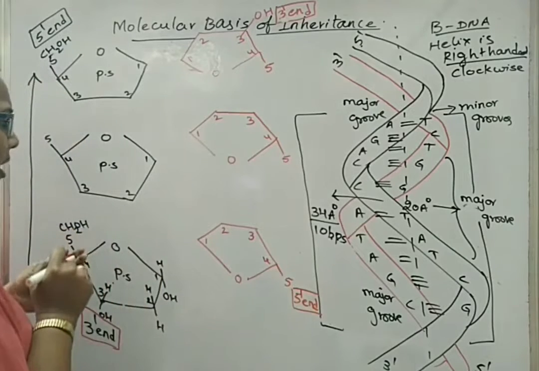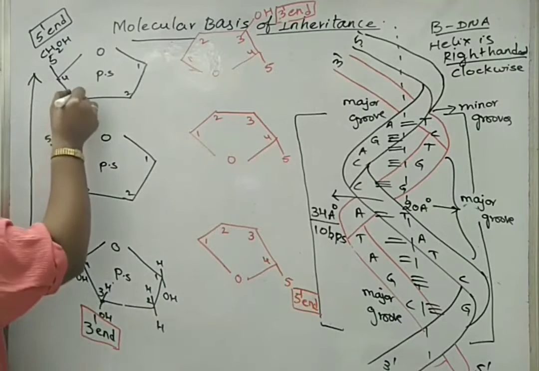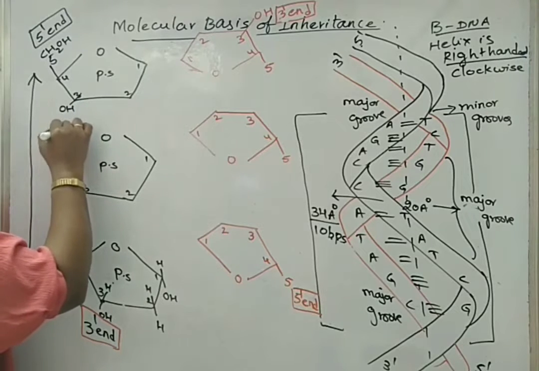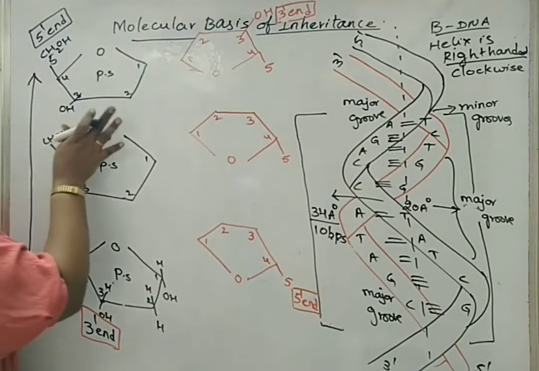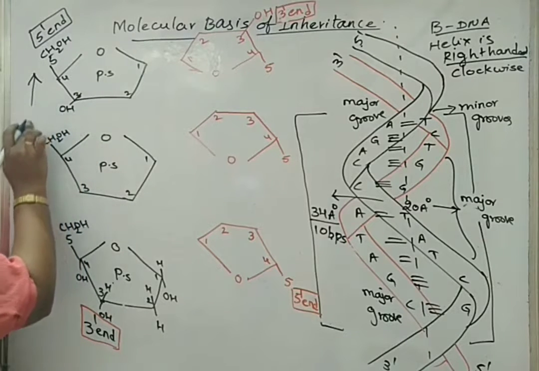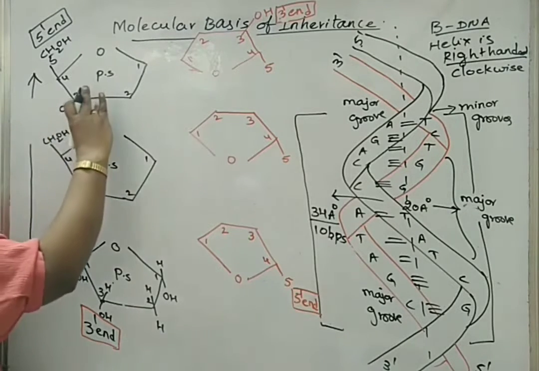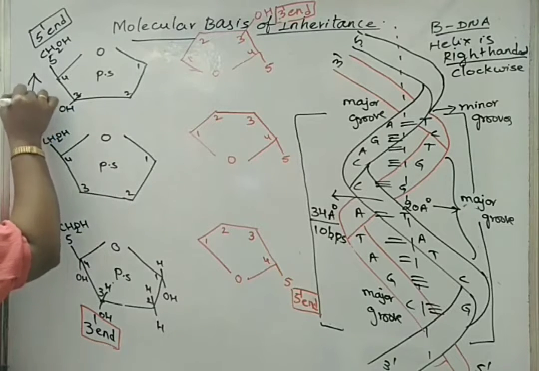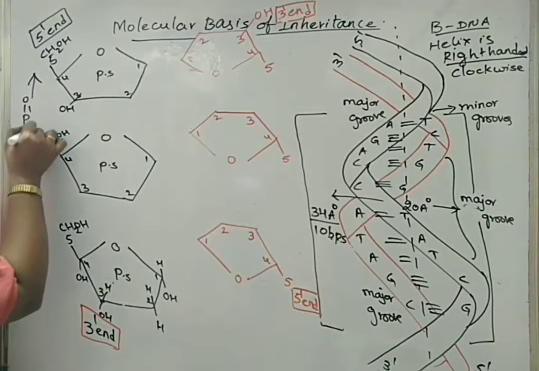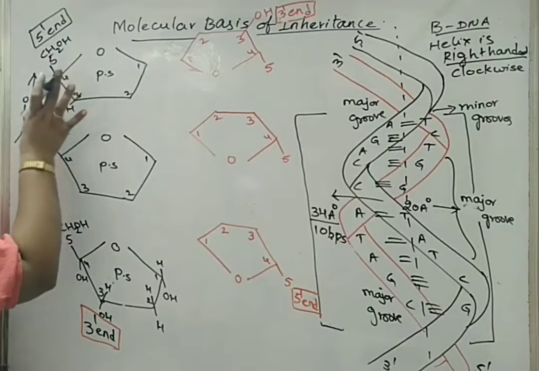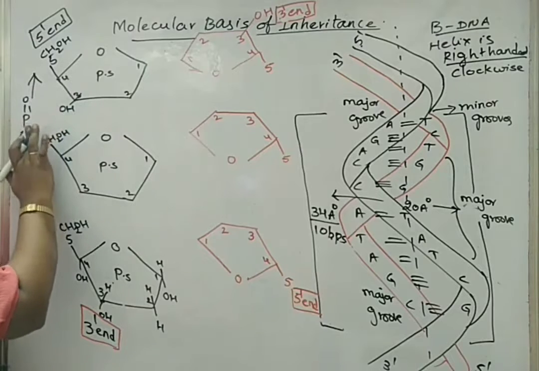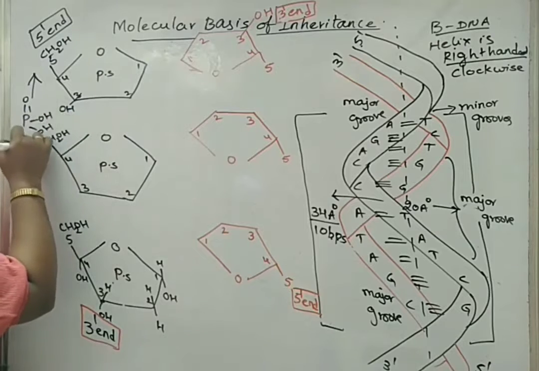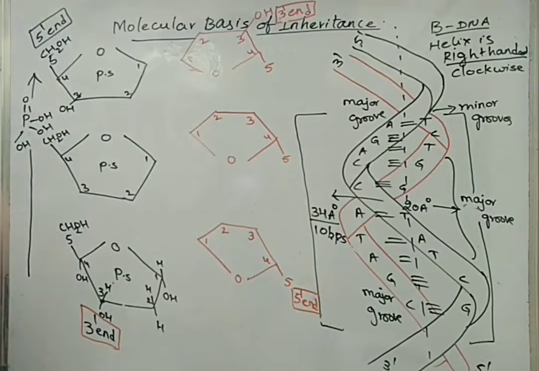Now we will join these two strands. This is having OH group here. This is also having CH2OH at the 5th carbon position. But a phosphate molecule has to be present, that is connecting two nucleotides. Phosphate molecule has one double bonded oxygen and 3 hydroxyl groups.